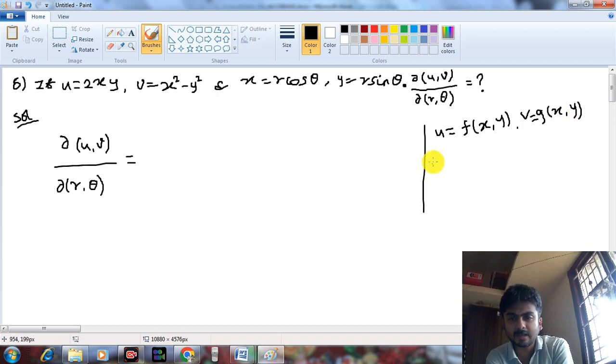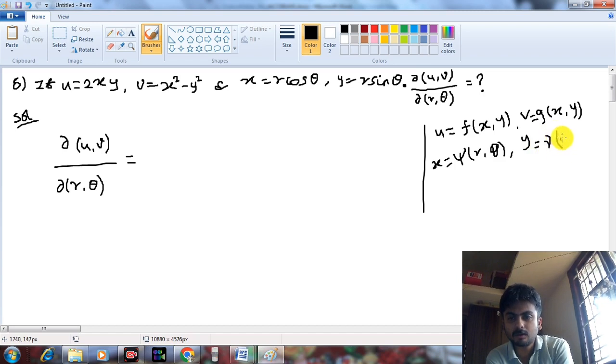But x is a function of phi of r and theta, and in the same way y is also a function of r and theta.